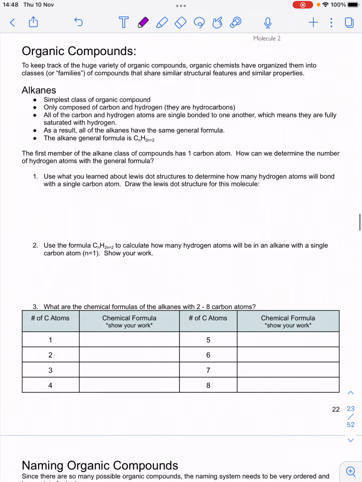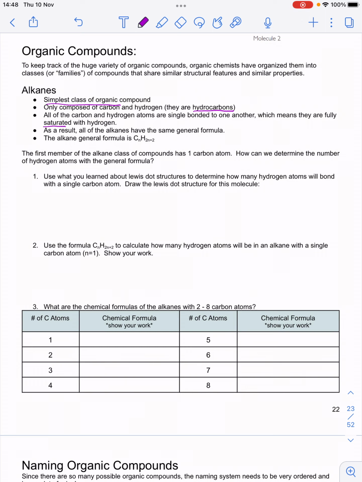Okay, moving down. The molecules that we're going to be most focused on, because they are the molecules that make up most of oil and natural gas, are the alkanes. The alkanes are the simplest class of organic compounds. They are hydrocarbons, a term that we heard early in the unit, which means they're only made of carbon and hydrogen. And they're said to be fully saturated.